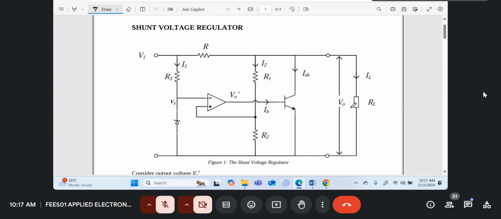If you remove the load, IL is equal to 0, then all your current will be passing through I shunt, and I shunt will be I shunt max.